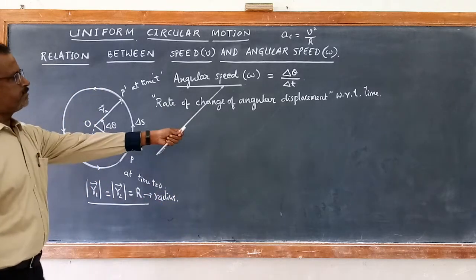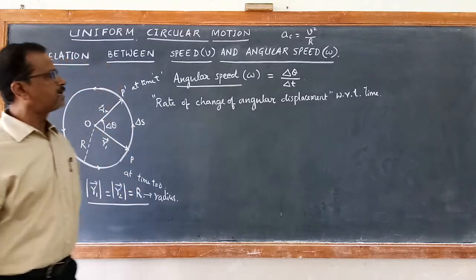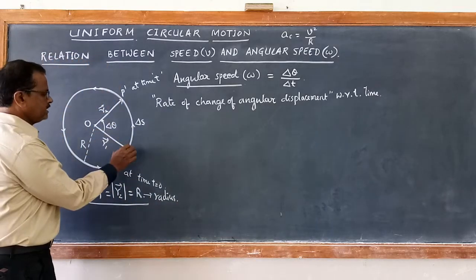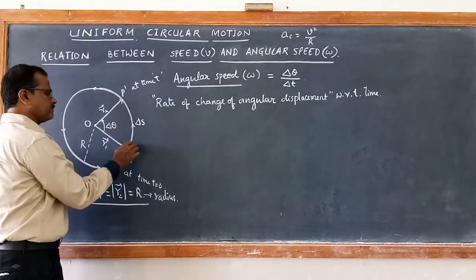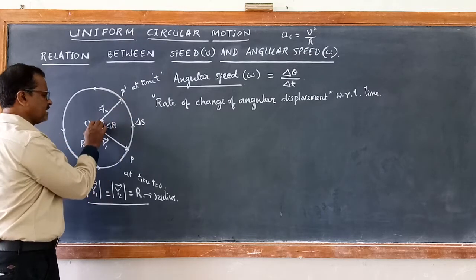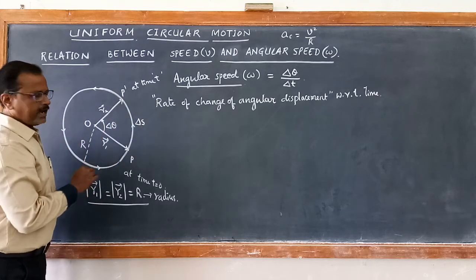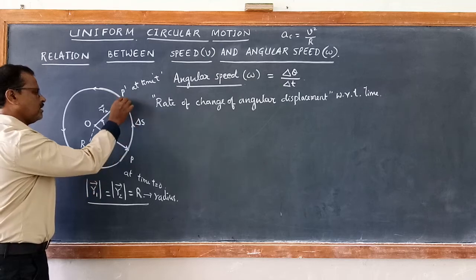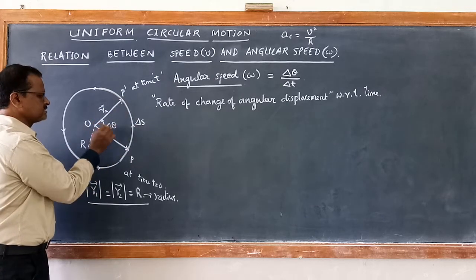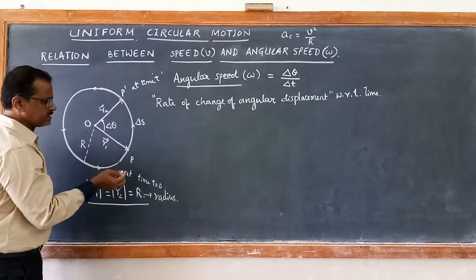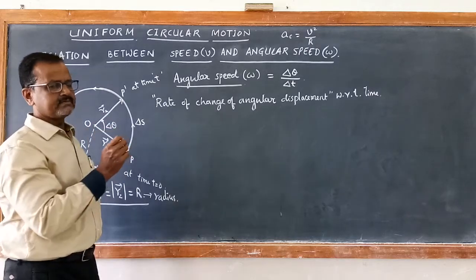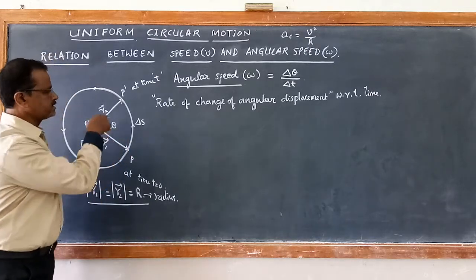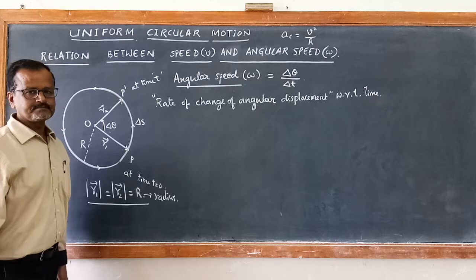Now we define one more quantity, that is delta theta. Look at this diagram. Delta theta is the angle subtended by this arc delta s at the center. Angle subtended by arc delta s at the center is delta theta. Using this definition, I am going to find out the value of delta theta.